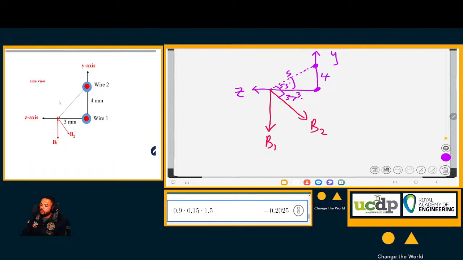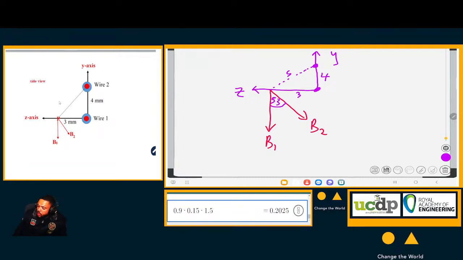So if this one is 37 and this one here is 90 degrees, we can, by geometric methods, determine that the angle here, which is what we want, is also 53. So this angle is equal to 53. This one is straight vertically down. This one is at an angle.